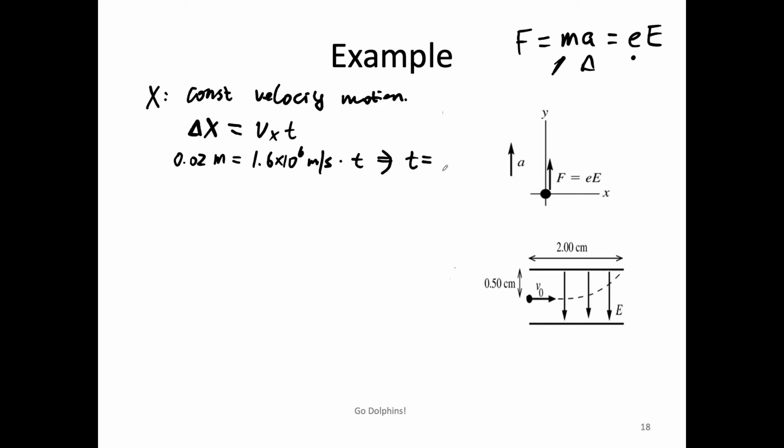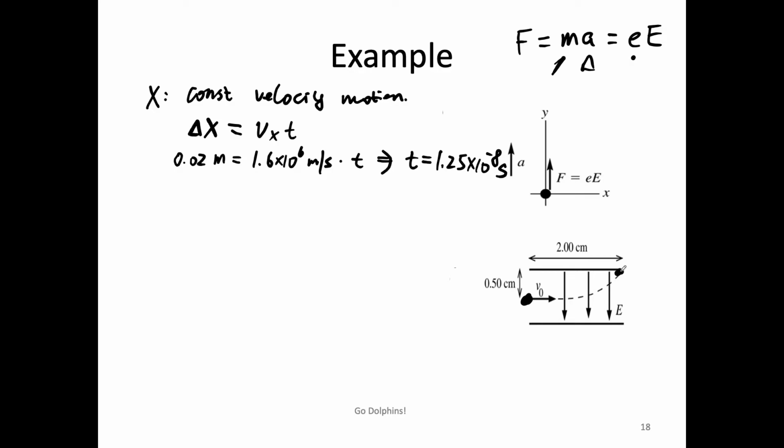Which is, let me see, not 8, t is 1.25 × 10^-8 seconds. So this is the time it takes for the electron to go from here to here.